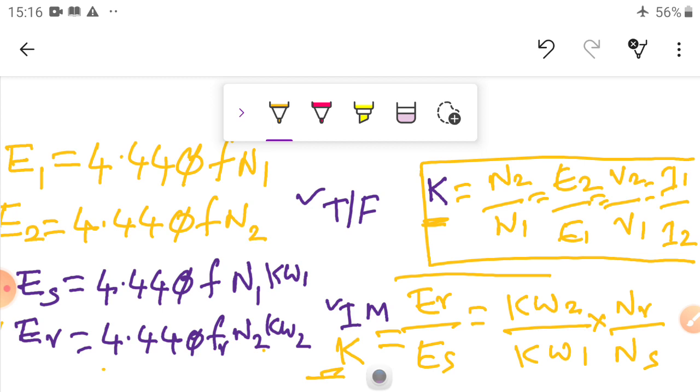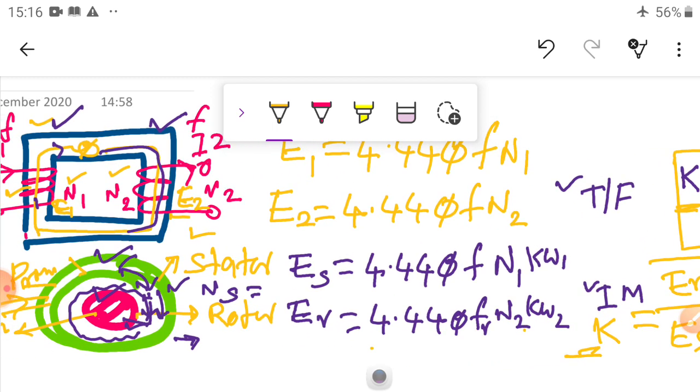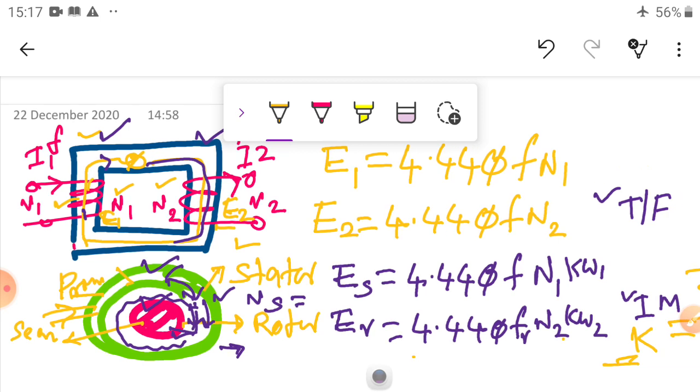After knowing this, now I want to draw the equivalent circuit diagram. We know K. At the same time, you should know that this is a winding and this is also a winding: the stator is a winding and the rotor is also a winding. Now what are the parameters?